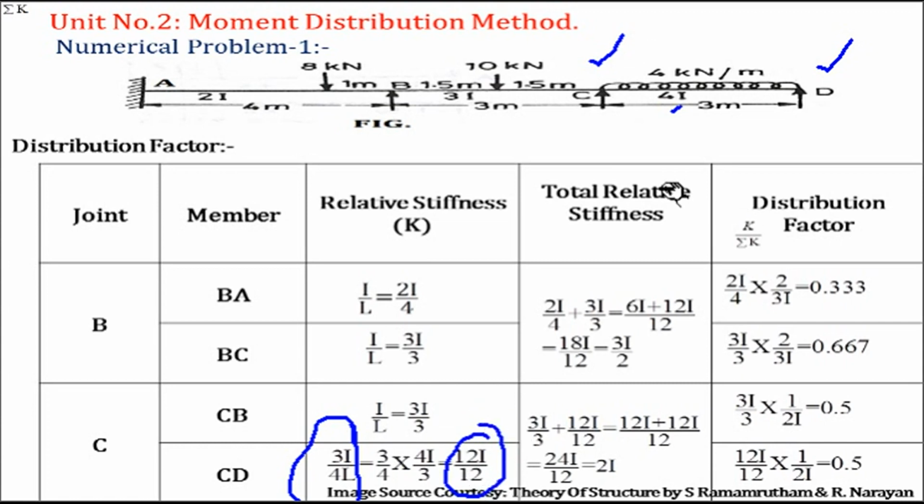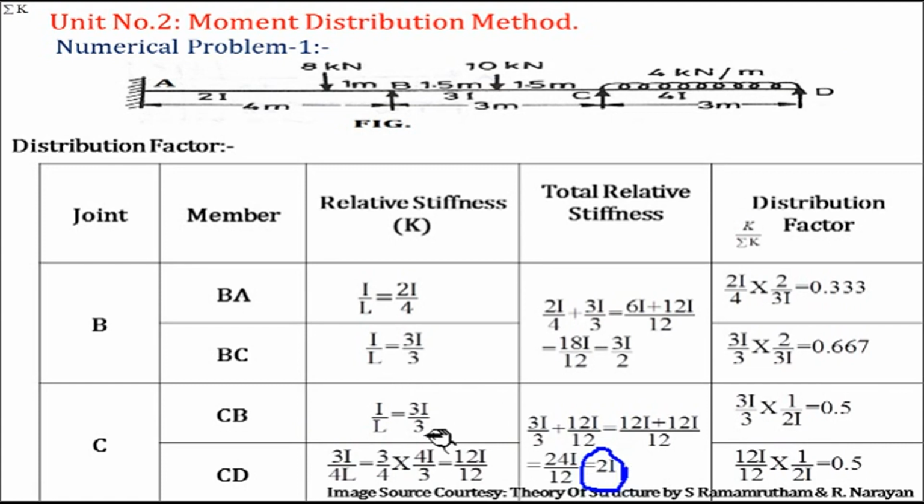Okay. Now find out the total relative stiffness for this joint. So addition of these two relative stiffness, 3I divided by 3 plus 12I divided by 12. So we have 2I. So total relative stiffness is 2I. Now find out the distribution factor in the same way for each member. So how to find out? K divided by total relative stiffness.